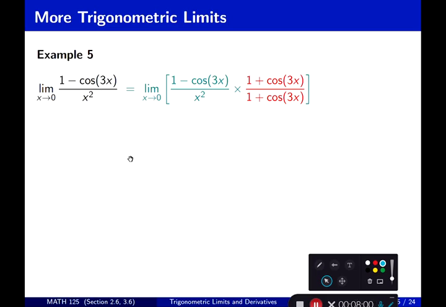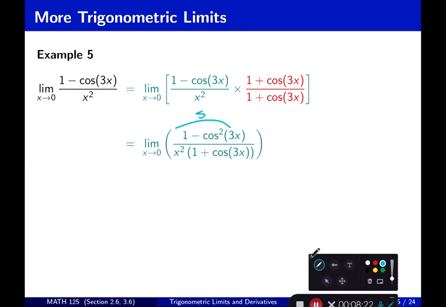Then it makes the top 1 minus cosine squared 3x, and the bottom becomes x squared times 1 plus cosine of 3x. What is 1 minus cosine squared 3x? That's sine squared 3x.